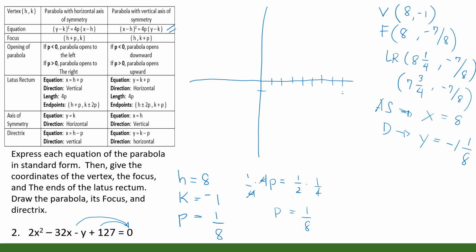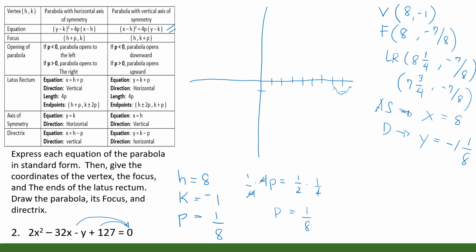And then the ends of the latus rectum, 8 1/4, so that is 8.25, while the other is 7 3/4, so it's 7.75, 0.25 away from the focus. Okay, so if we connect this, the graph is very small, connecting this will be your parabola.